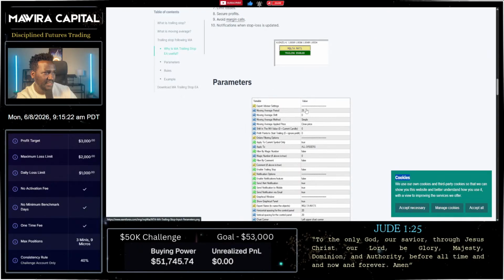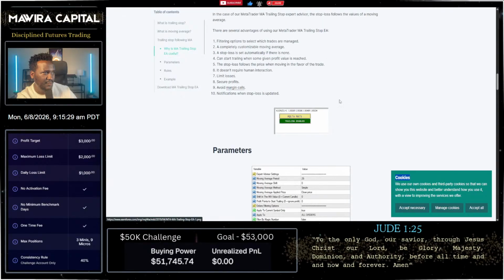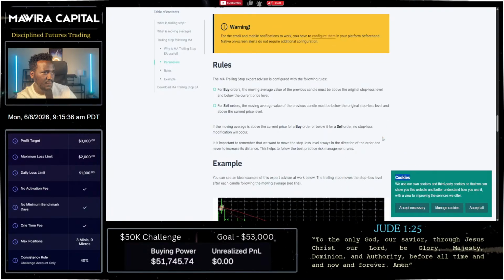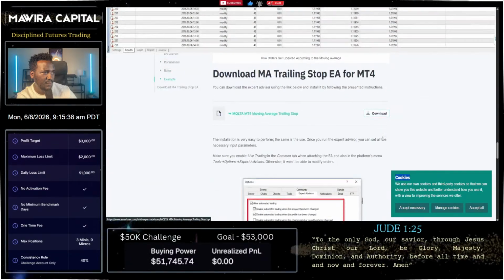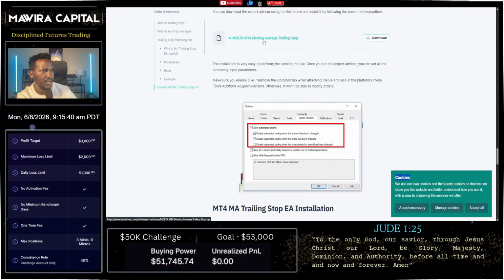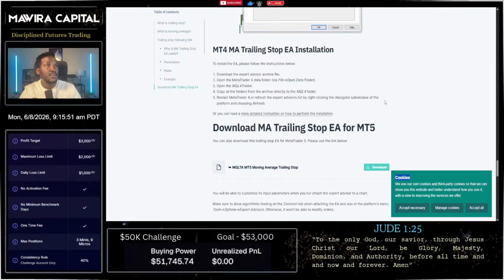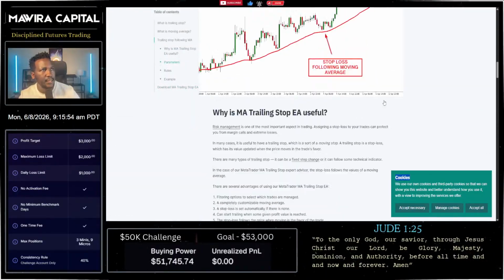You go in here, set up your moving average, if it's simple, exponential, whatever you want, you set it up right there, and all you have to do is enable or disable it. Yep, it's right there, free of charge. They should have it for MT4 and also for MT5. Here you go, download EMA trailing stop for MT5 right there. If you want it, you can go get it.